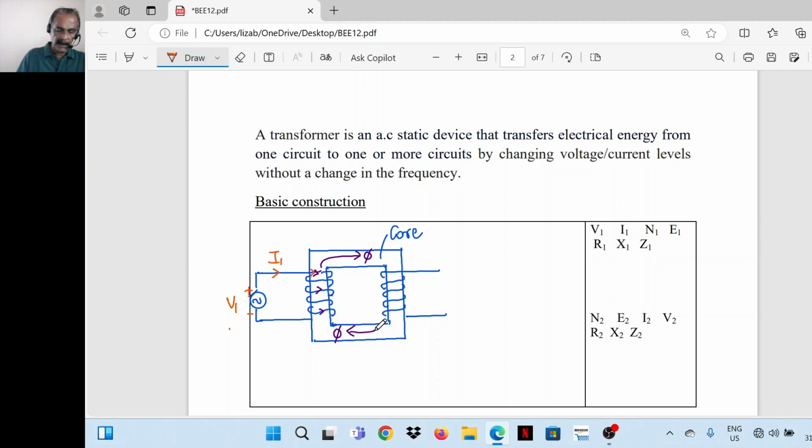Now a flux is set up in the core, and this flux is time varying. This is phi, or phi m sin omega t, and this is phi m.